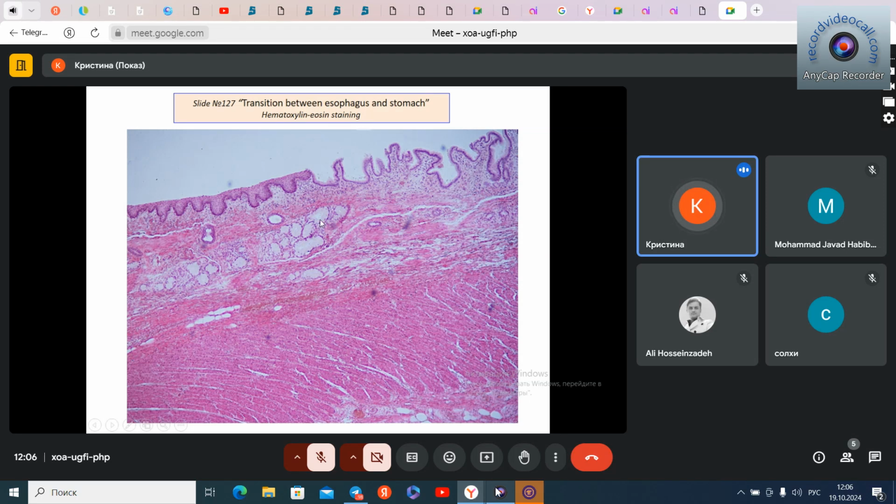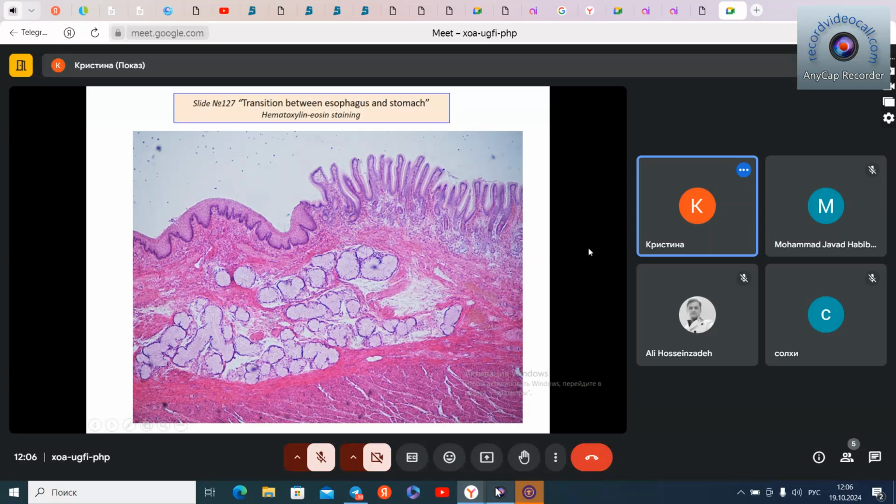The esophageal glands proper are located in the submucosa. It means that they are located below the level of the lamina muscularis. Lamina muscularis mucosa is located above the level of the glands. So here is the submucosa, and here is the tunica muscularis.